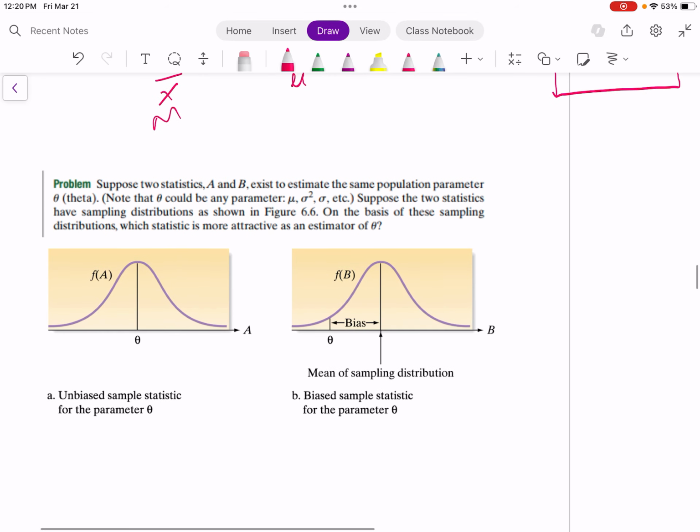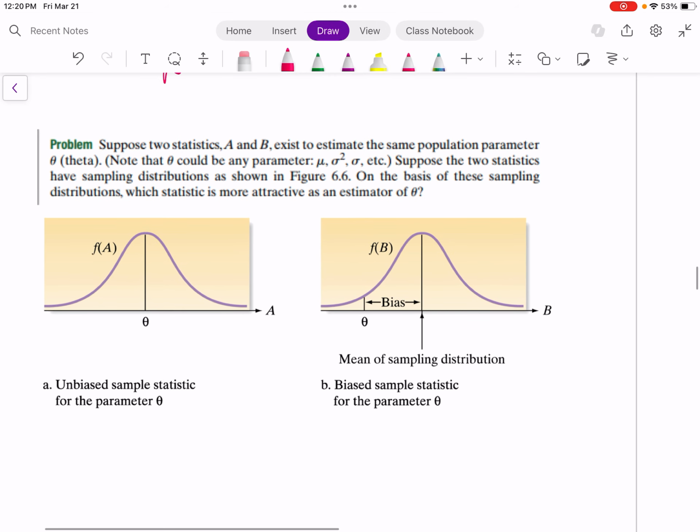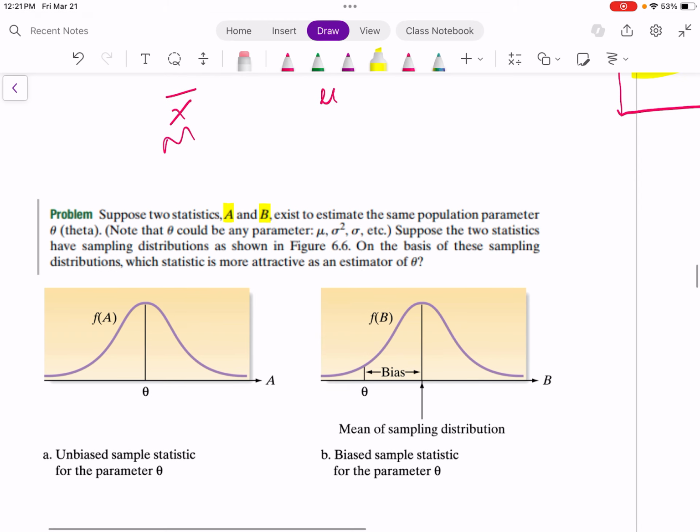Okay, now here we have an example. Suppose two statistics A and B exist to estimate the same population parameter theta, okay? A and B can be X bar, median, S square, S, p hat. Do not get confused. So A and B can be X bar, it can be M, it can be S square, S or p hat.